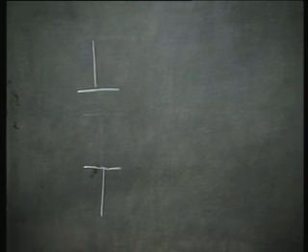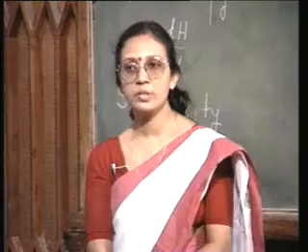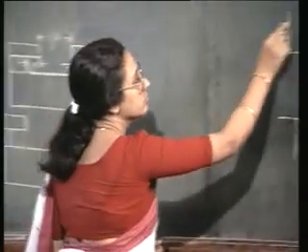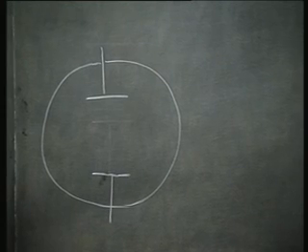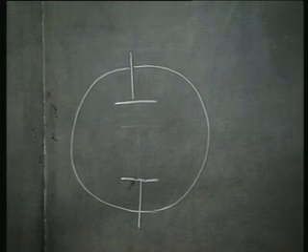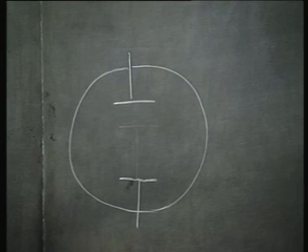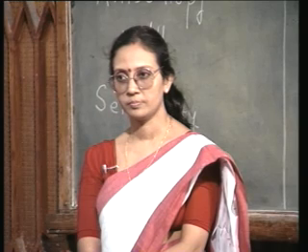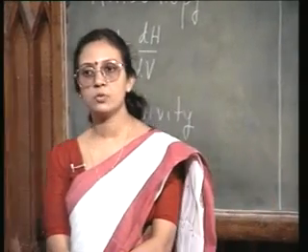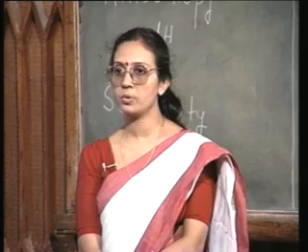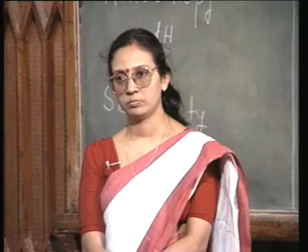I have two parallel plate electrodes in a chamber which is held at low pressure. The pressure may vary between 0.01 torr to 1 torr, and I apply a high frequency, usually an RF voltage, between these two electrodes.